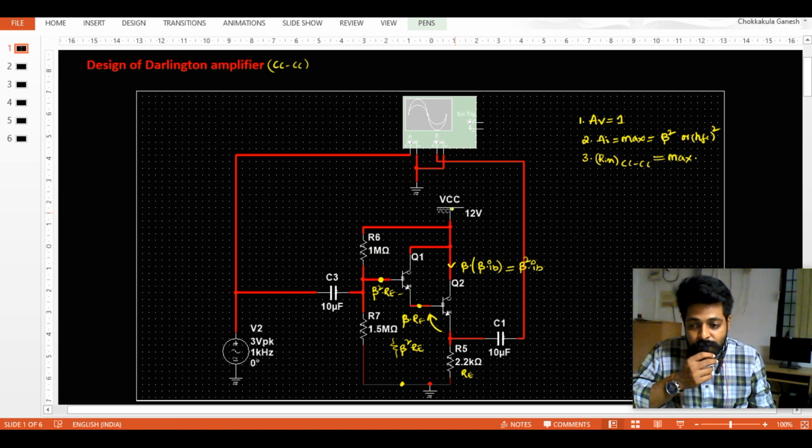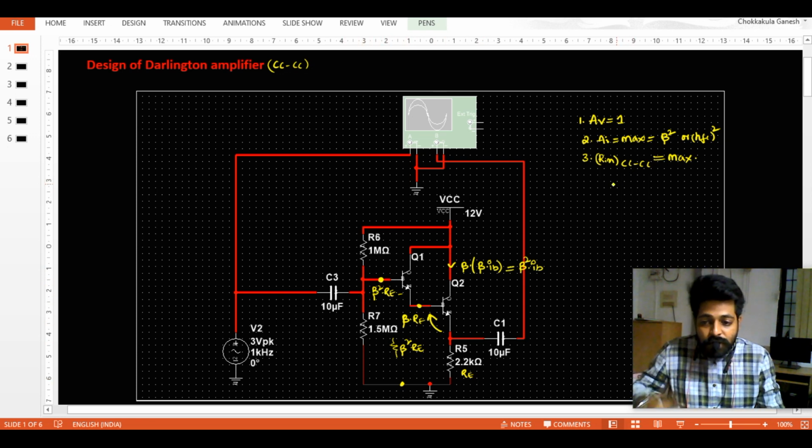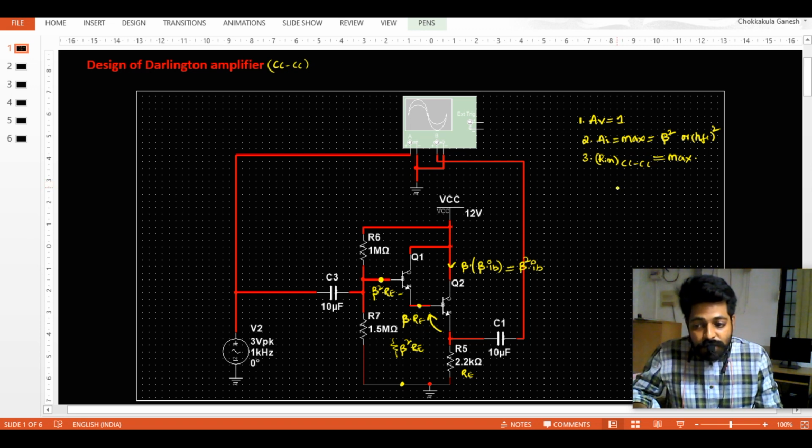Once we do the AC analysis, VCC will be connected to the ground. So from this point, the input resistance I can write theoretically: R1 parallel with R2 parallel with R input of my Darlington amplifier.